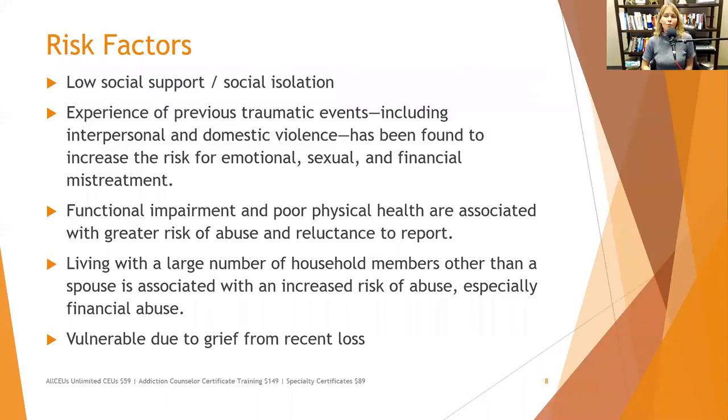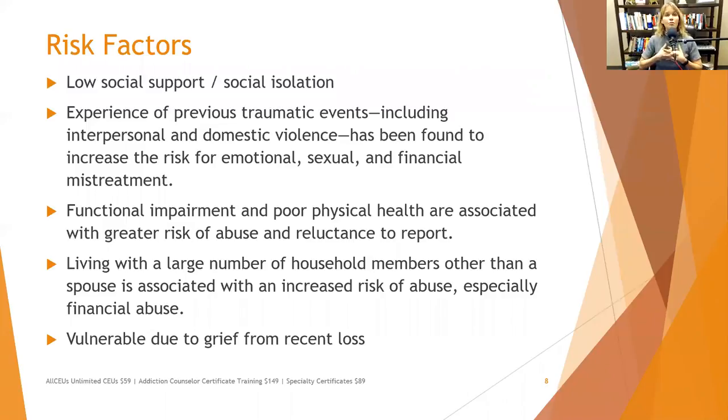Functional impairment and poor health are also associated with a greater risk of abuse and reluctance to report. If grandma knows that she can't live on her own and she doesn't want to go live in a nursing home, even if she's living with her son or daughter or somebody who is abusing her, she may not say anything because she knows that if she turns them in, then she's going to an assisted living facility and she doesn't want to go there.